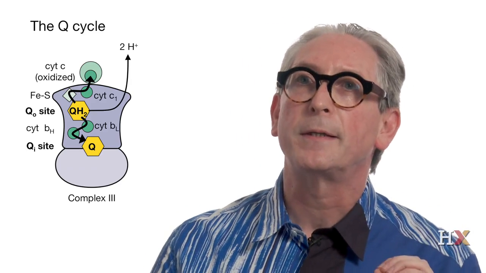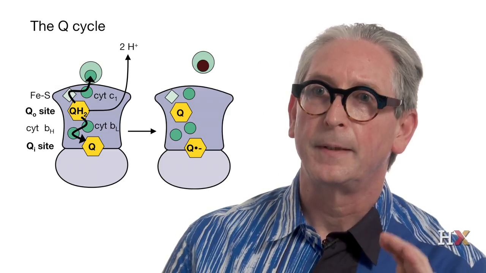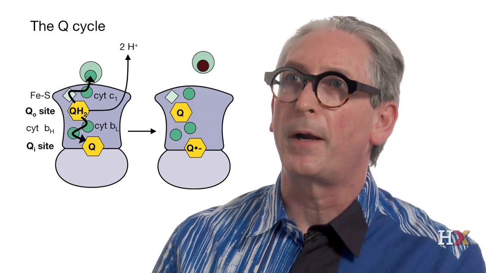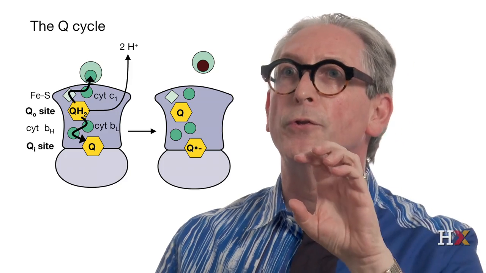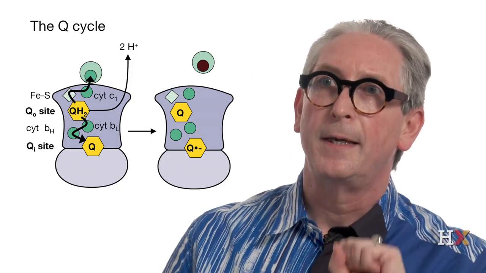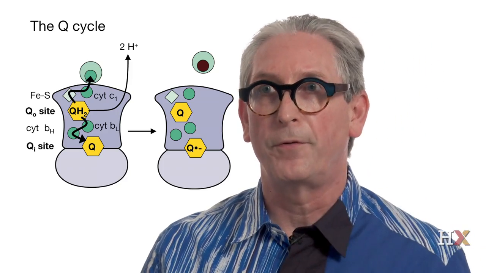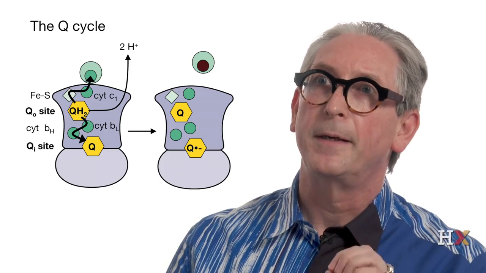So at that point, what we have is a complex 3 that has just reduced a molecule of cytochrome C, and the cytochrome C has been released. The Qo site is now occupied by a fully oxidized molecule of coenzyme Q, and the Qi site is occupied by a semiquinone.